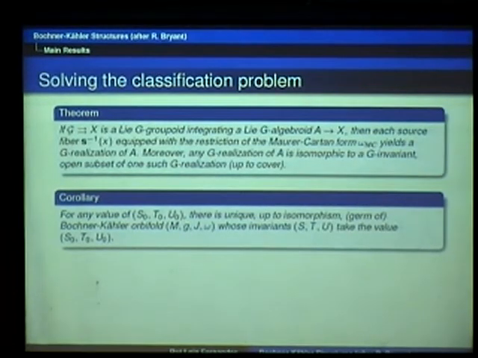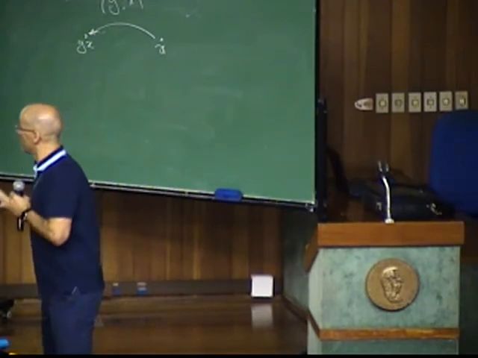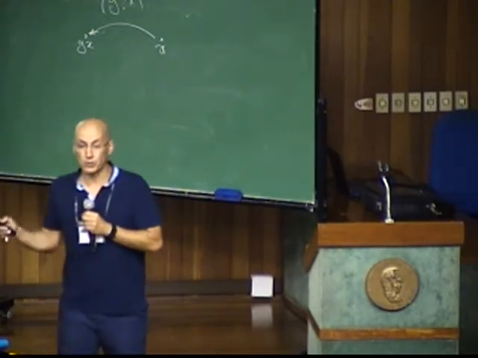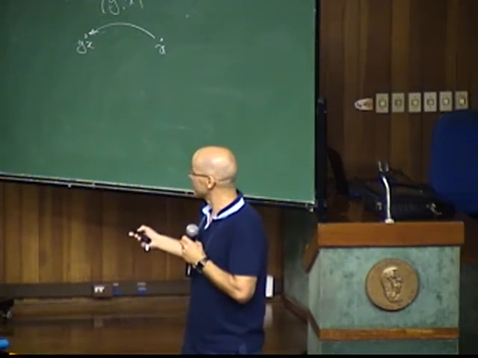Now, there is something going on here because I assumed here that there was a Lie G groupoid integrating this Lie algebroid. So I'm cheating a little bit. So here is the cheating that is going on. First, I actually don't need to integrate the algebroid to the groupoid.